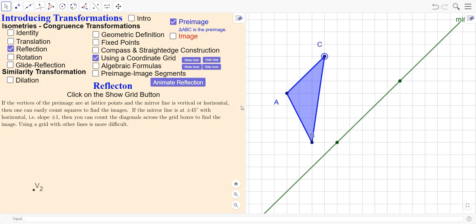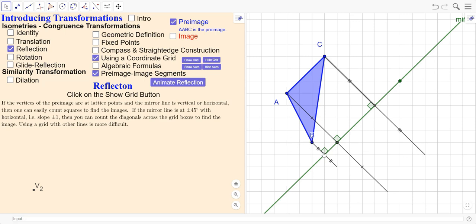Well, in this case, your perpendiculars are also going to go at negative 45 degrees, or negative 1 slope. And so you're counting not the widths or heights of these grid squares, but the diagonals. So here we're coming in the diagonal. Let's say do C to C prime. 1, 2, 3, 4 diagonals in. So you go 4 diagonals on the other side. 1, 2, 3, 4. So there's C prime.